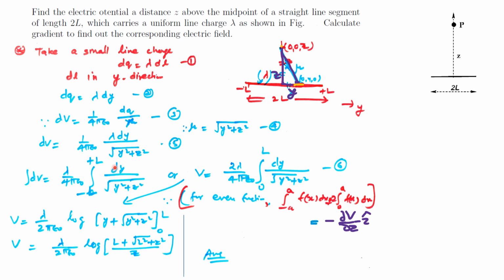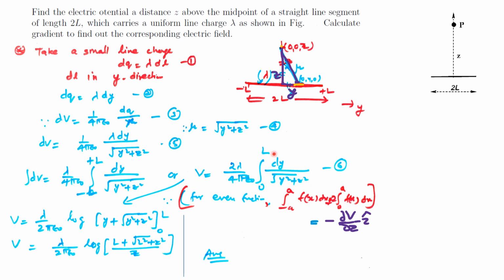If we replace y with minus y, the y square term gives the same value, so it is an even function. For an even function, the integral from minus a to a of f(x) can be written as 2 times the integral from 0 to a of f(x). So we have 2 times lambda by 4 pi epsilon naught, with the limit changed to 0 to L, dy by the square root of y square plus z square.